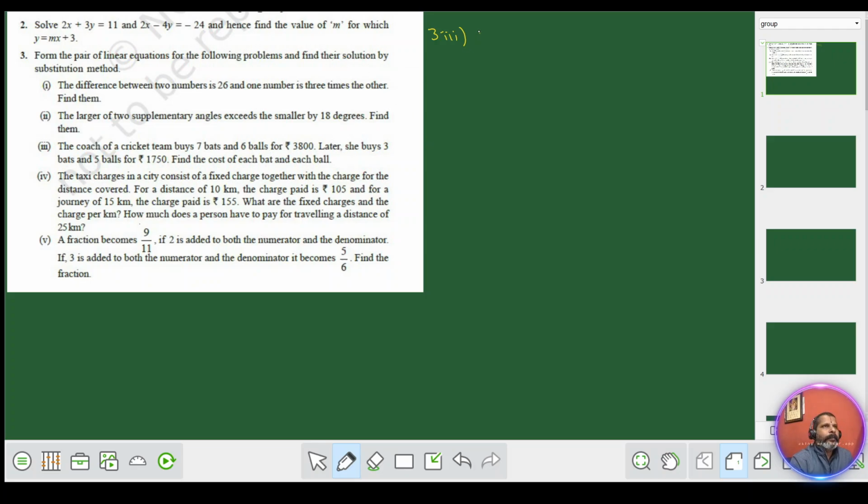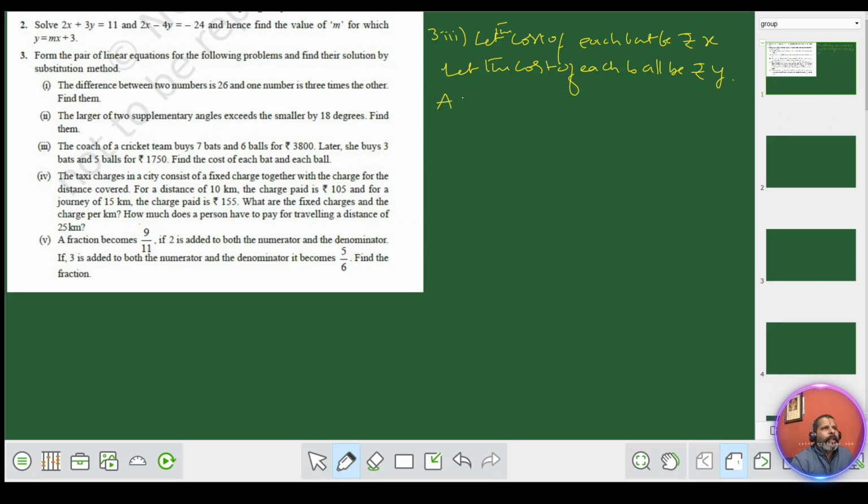Let the cost of each bat be rupees x. Let the cost of each ball be rupees y.